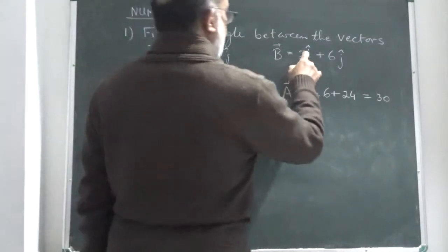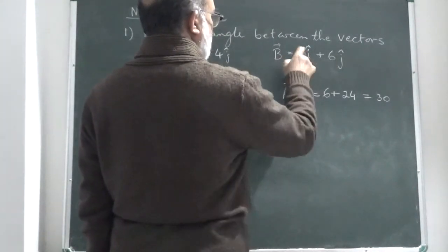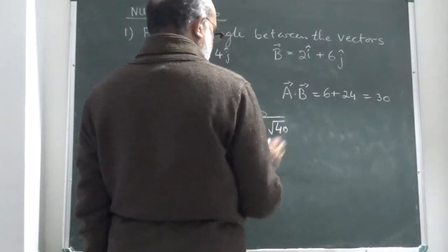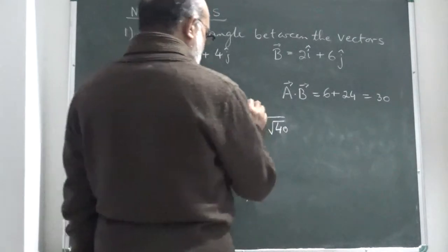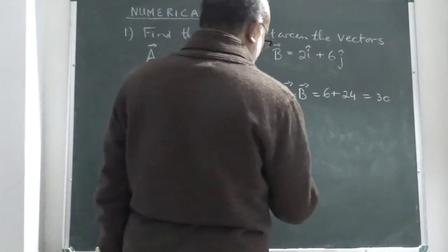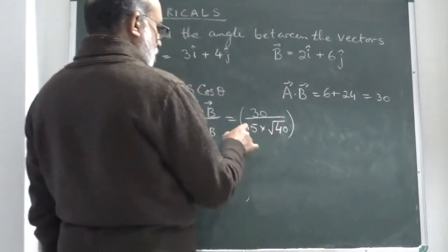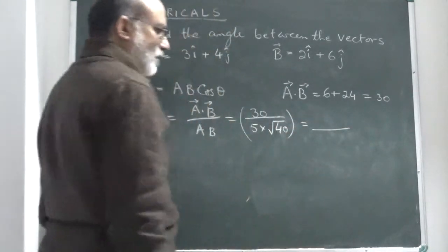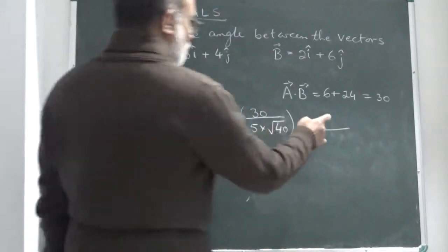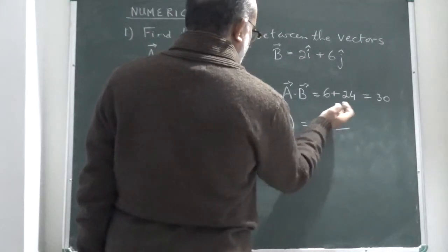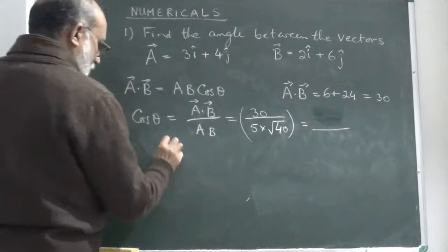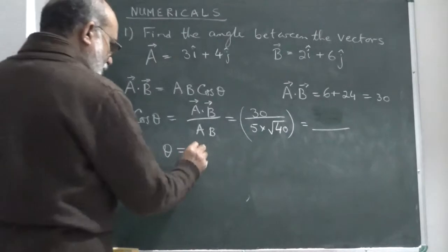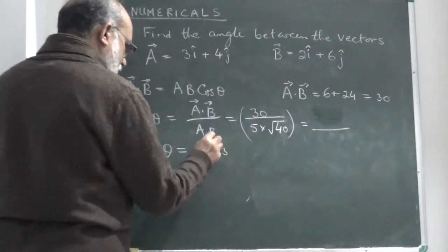And the magnitude of B will be given by the root of 2 square plus 6 square. After solving this, take the root, multiply by 5, divide into 30, you get a result in decimal number. Take from the table and find for which angle this number refers. So the theta comes out to be 18.43 degrees.